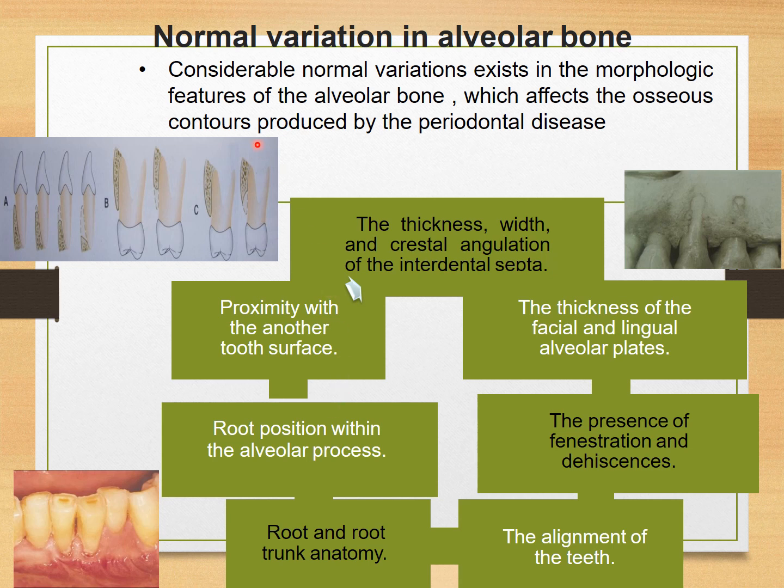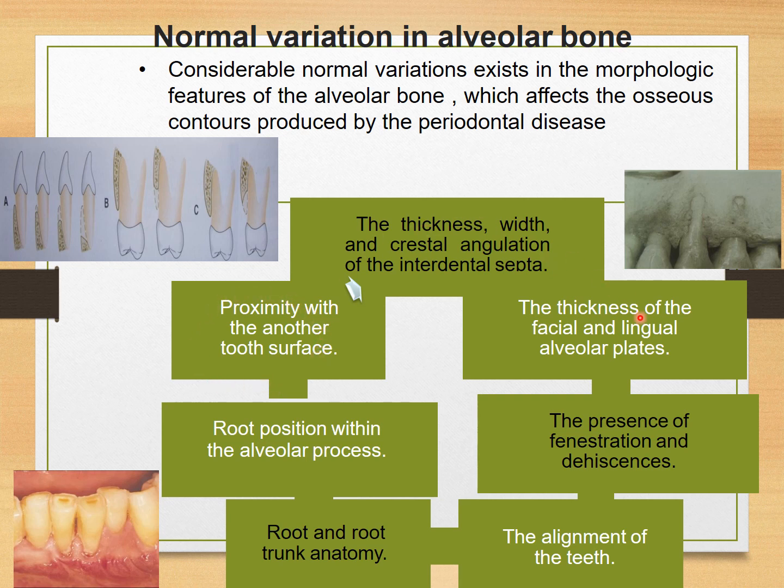So next, moving on to the normal variation in the alveolar bone. Considerable variations exist in the morphological features of alveolar bone, which affect the osseous contours. So it can be thickness, width, and crestal angulation of the interdental septa, thickness of the facial and lingual alveolar plates, presence of dehiscence or fenestrations, the alignment of the teeth, root and root trunk anatomy, and root position within the alveolar process, proximity with another tooth surface.